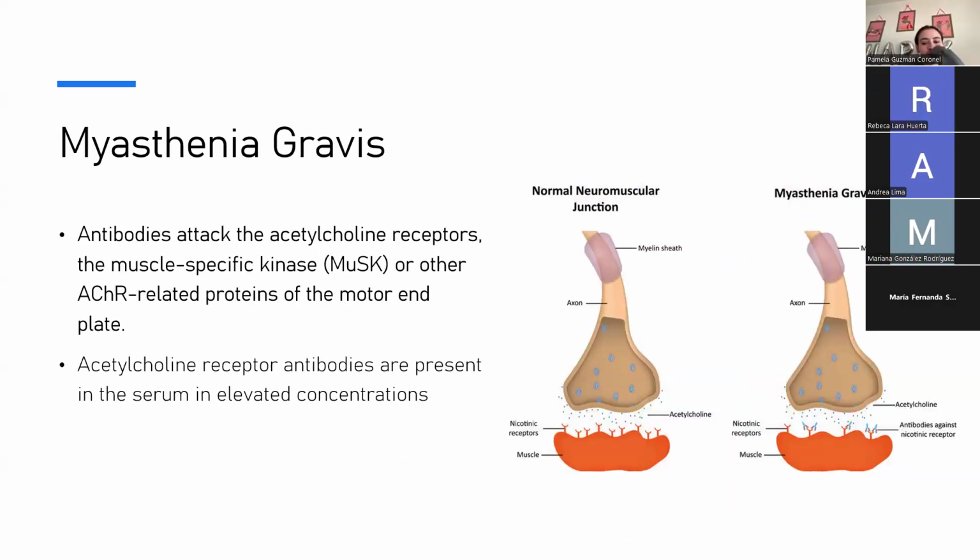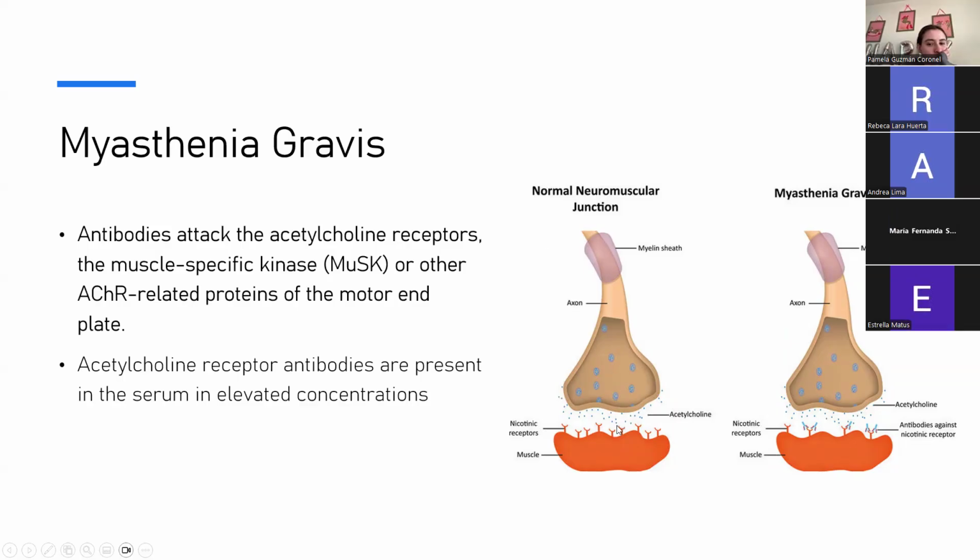Okay, we're going to start with the first one. If you imagine the table that you should be writing, the first one is myasthenia gravis. This is the normal neuromuscular junction.